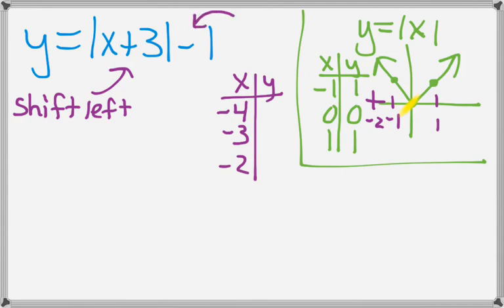And then outside the absolute value, we have subtraction, so that's going to be a vertical shift. So this is going to shift down 1 unit. And again, you can do that visually. The point at the origin is going to come down 1 unit. The other points are going to come down 1 unit as well.